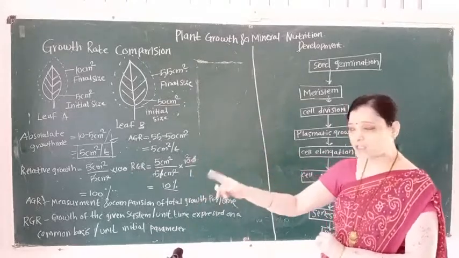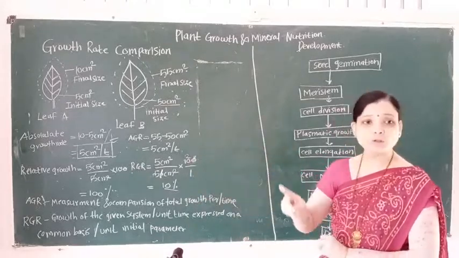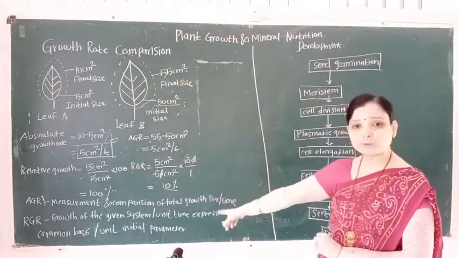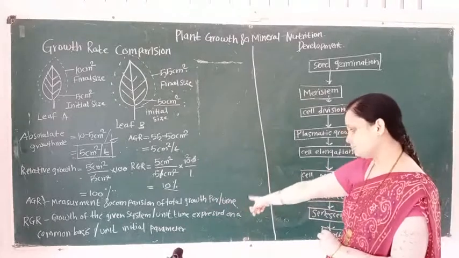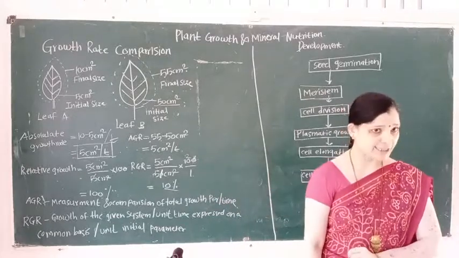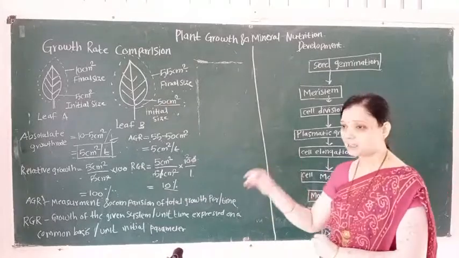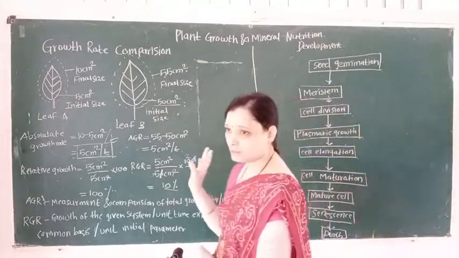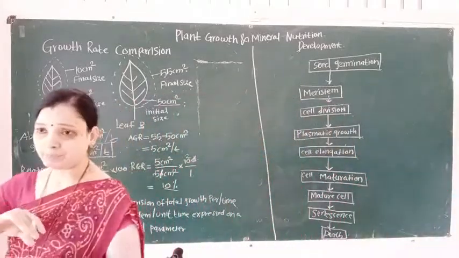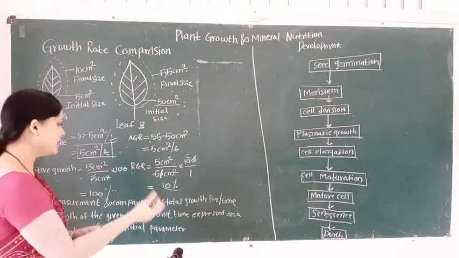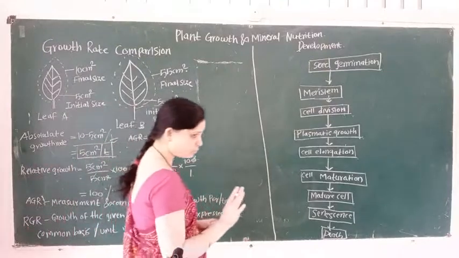And RGR means the growth of a given system per unit time expressed on a common basis per unit initial parameter, known as the relative growth rate. In this way, we compare the absolute growth rate and relative growth rate.